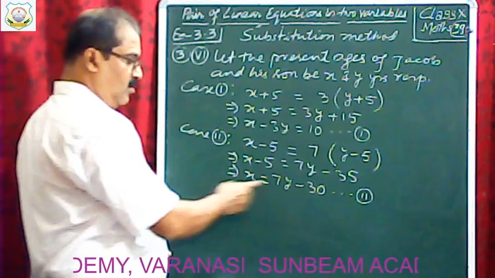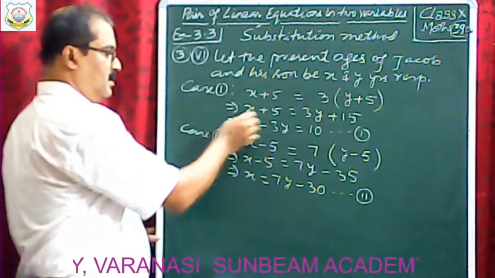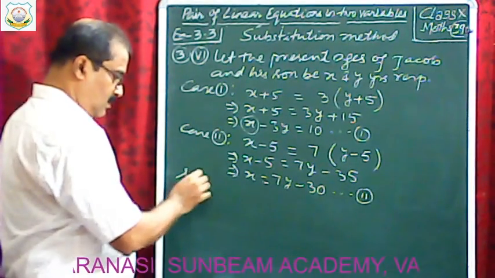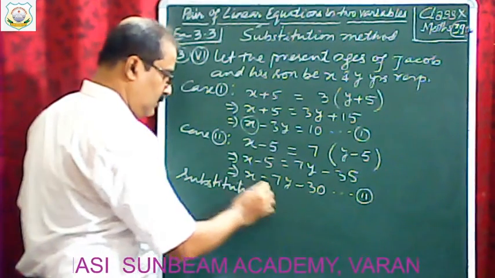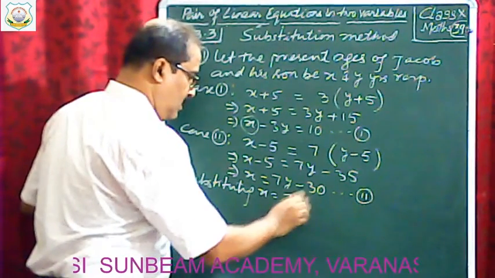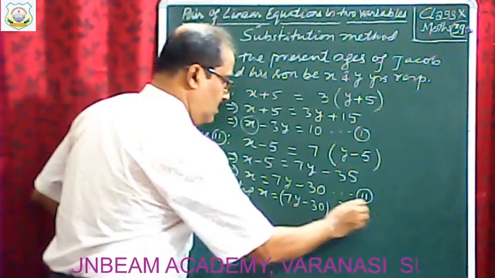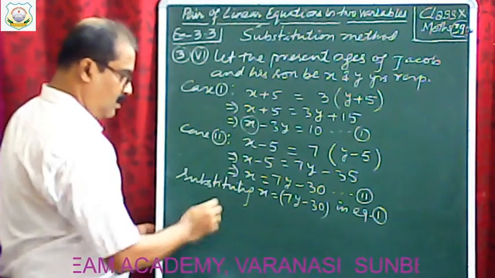So write, substituting x equal to 7y minus 30 in equation first.